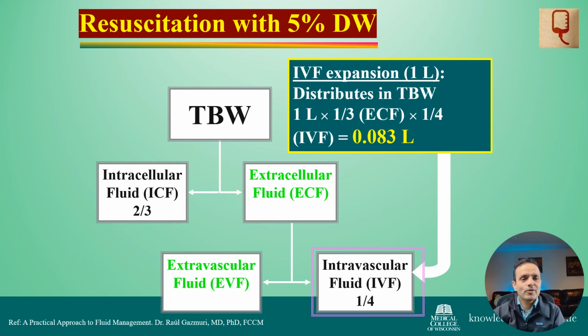When you are giving 1 liter of D5 water, as you can see here, only 83 ml, 83 cc, is going to stay inside the vascular compartment, which is clinically very, very important. So if you're treating somebody with hypernatremia with D5 water, you should not really worry too much about volume overload, because only 83 milliliters is going to stay inside the vascular compartment. It's very important to remember when you are treating somebody.